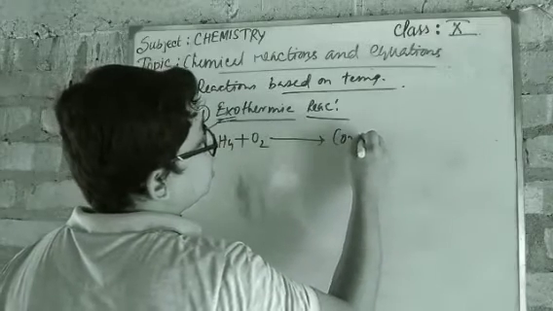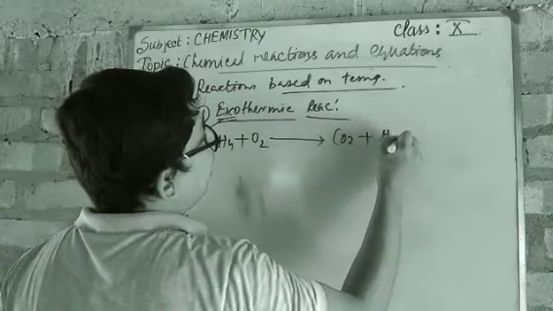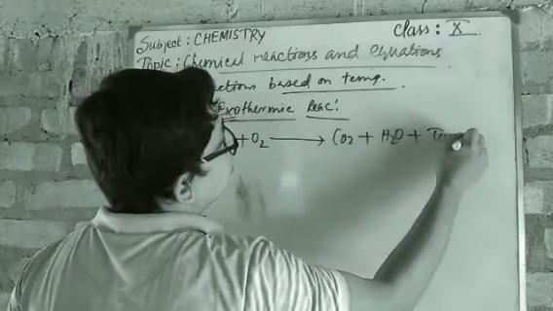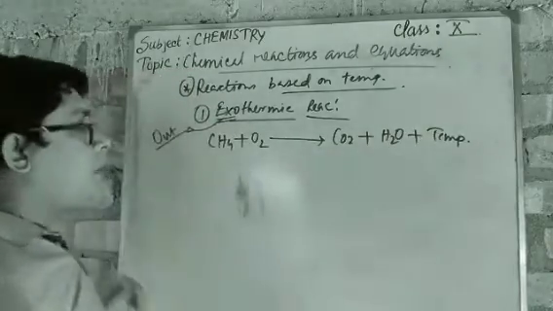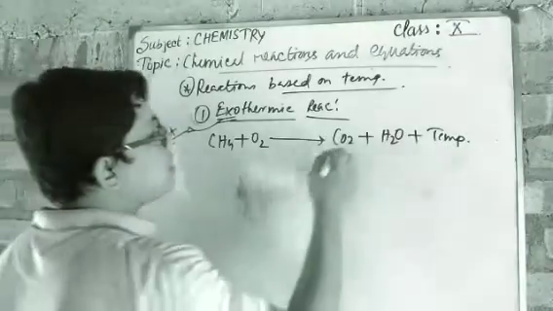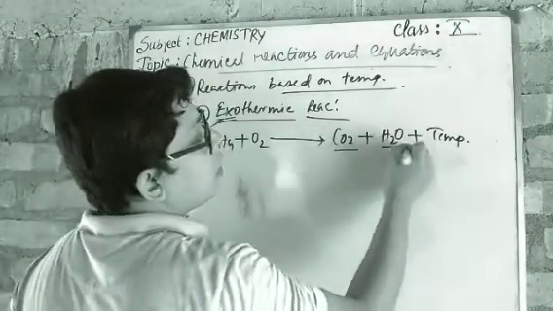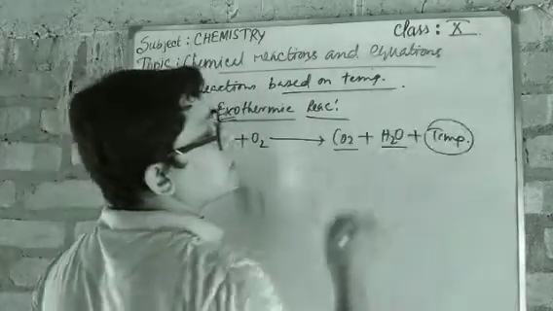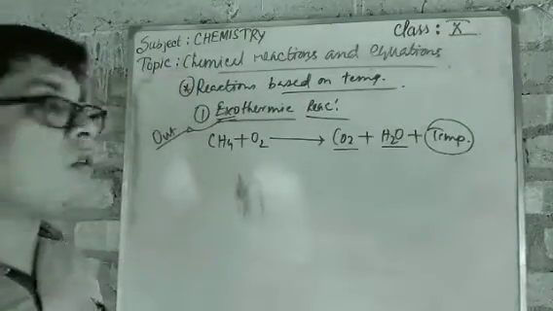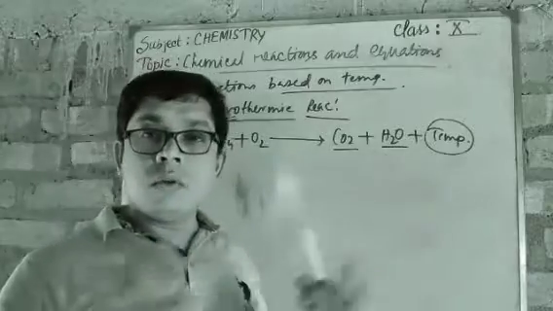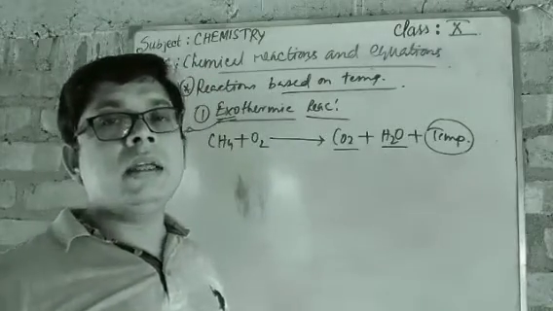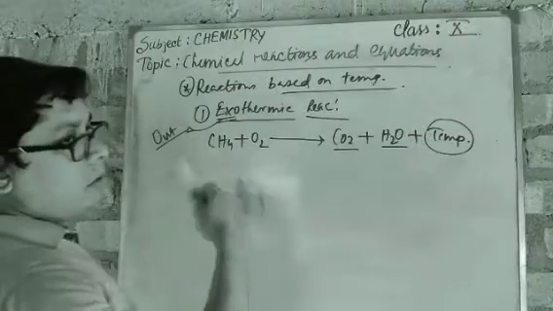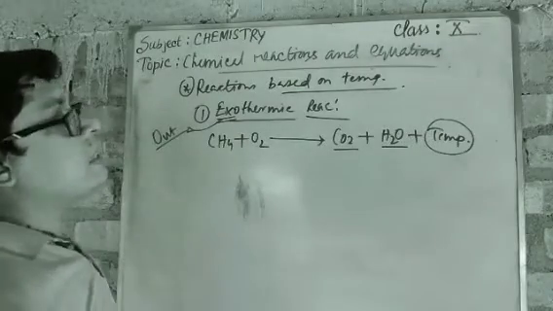They form carbon dioxide, water vapor and the temperature. So CO2, carbon dioxide, is given out, H2O, water, means water vapor, because temperature is releasing, and where temperature is releasing, automatically the water will transfer into the air as water vapor. Got it? So this is the basic idea for exothermic reactions.